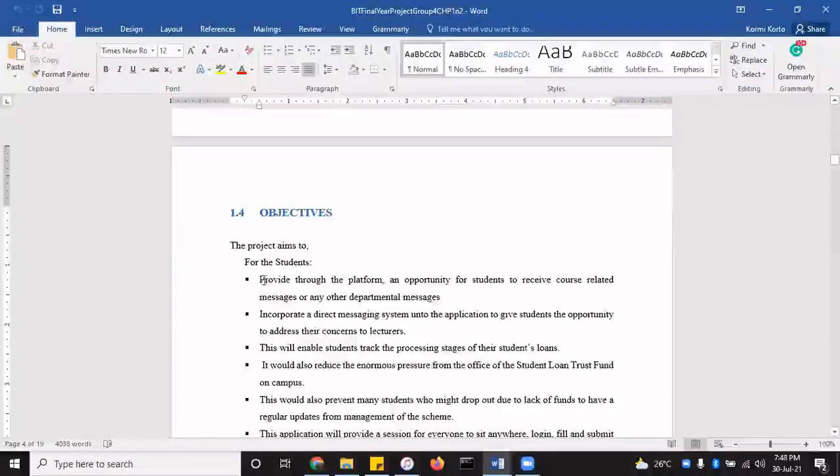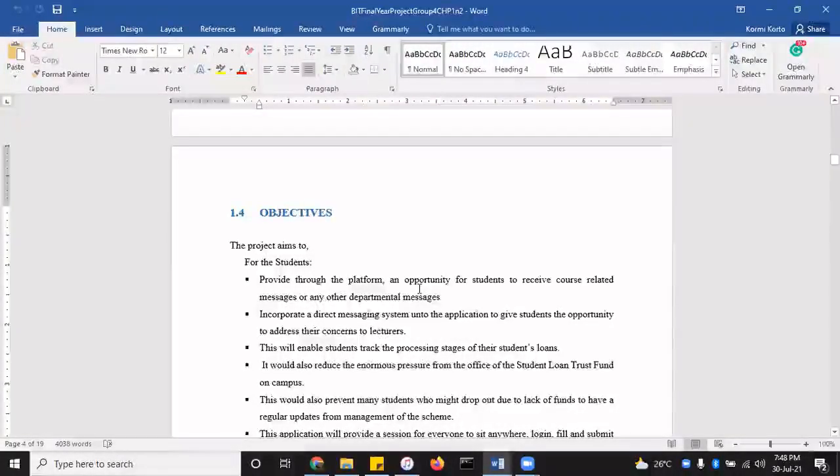So if you state to provide through the platform an opportunity, how do you provide through the platform the opportunity for students to receive course-related messages or departmental-related messages? How do you do that?